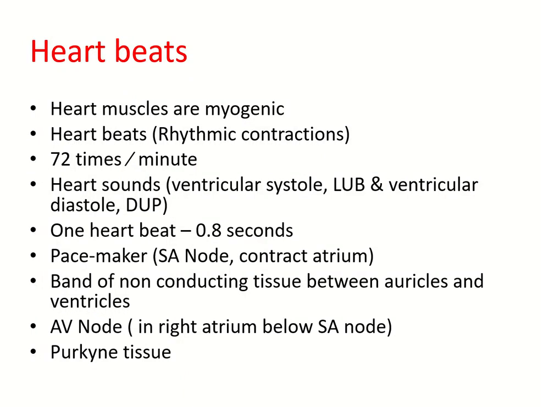They contract 72 times in a minute, and they produce a sound during these contractions, which is called the lub and dub sound. These heart sounds are divided into ventricular systole, which is the lub sound, while ventricular diastole is the dub sound, and it takes 0.8 seconds to complete one heartbeat.